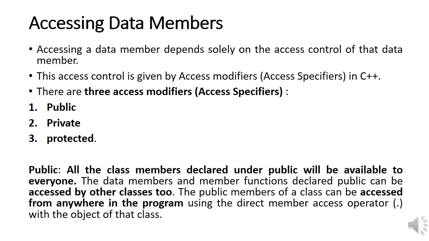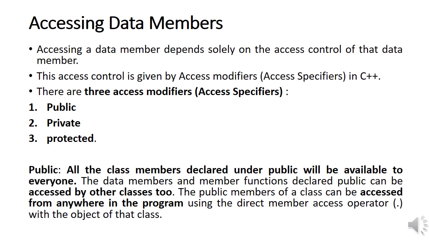If you declare your data and functions under the public access specifier, you can access your data members and member functions anywhere in that program. That means you can access your data and functions inside that class, outside that class, and they can also be accessed by other classes.